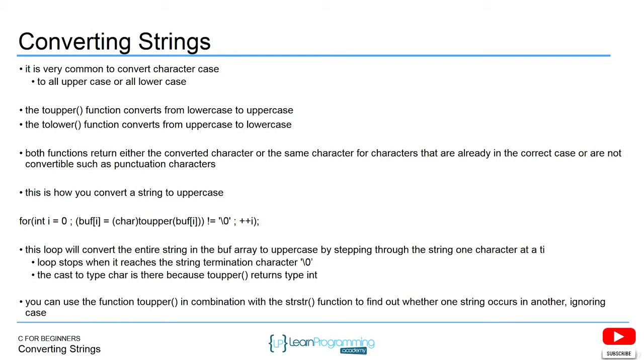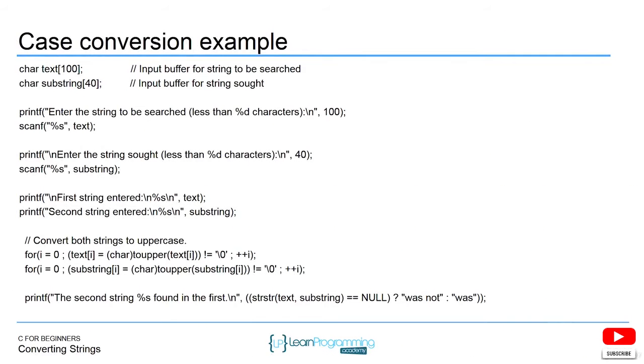All right, so you can use the function toUpper in combination with the strstr function to find out whether one string occurs in another, ignoring the case. So let's look at this example that does exactly that. Here we have two character arrays, text and substring. Text is size 100, substring is size 40.